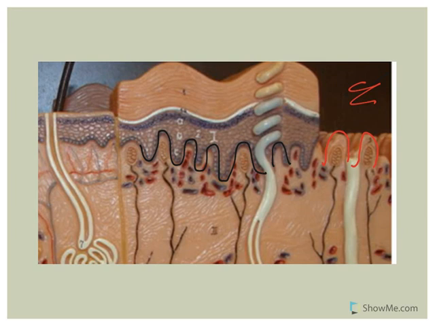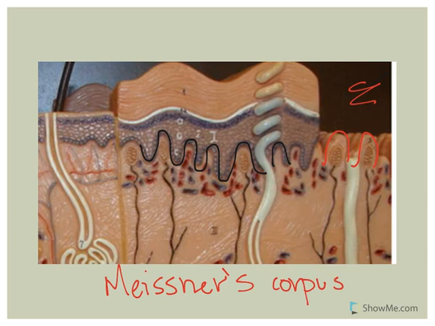Now also what you'll notice on this model is we see a sensory receptor associated with the papillary dermis, and it's referred to as the Meissner's corpuscles. And the Meissner's corpuscles you see here, right there, and a couple of them right here.